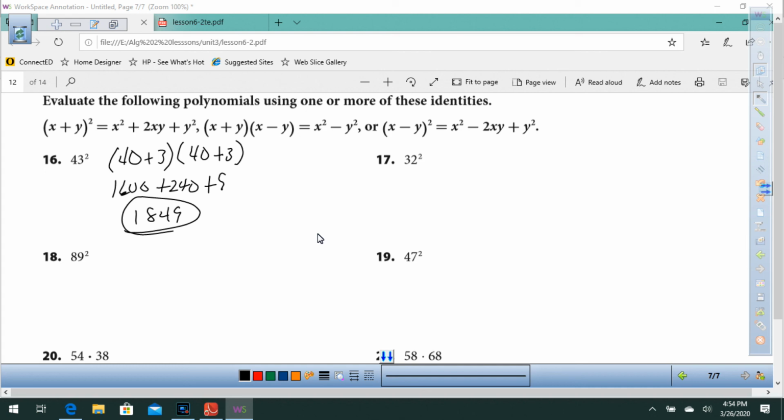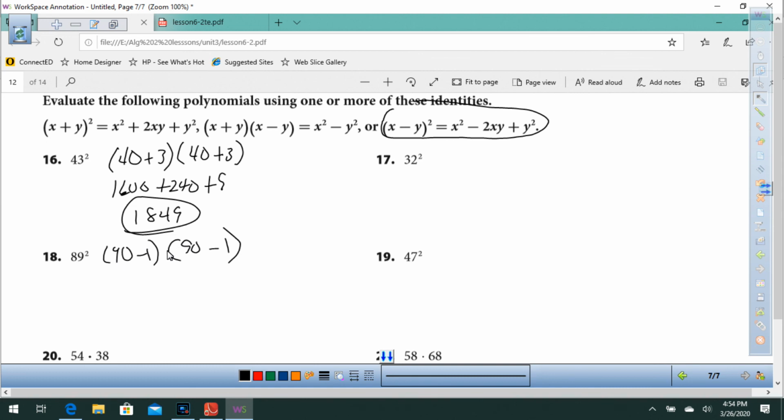You can do 17, it's just like 16. What about 89? 89 squared. How would we do that? That might be this one right here, right? Because I would do like 90 minus 1, and that would be 90 minus 1, right?